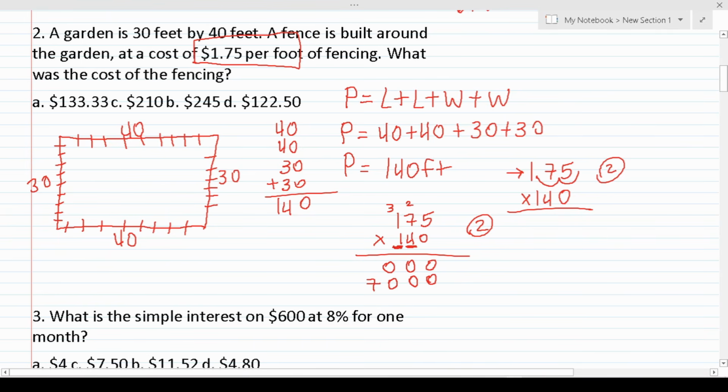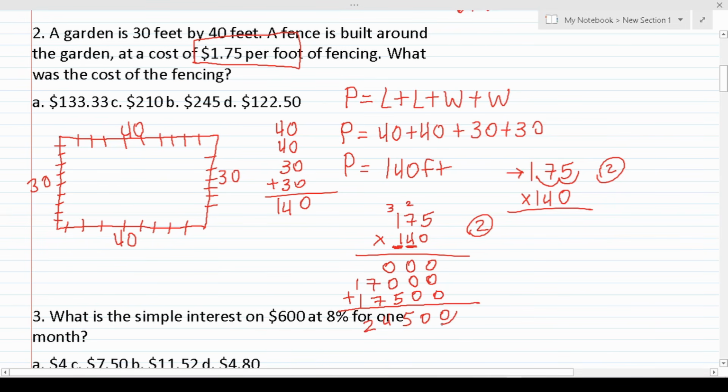Now before we start this 1, we have to add 2 placeholders. 1 times 5 is 5. 1 times 7 is 7, and 1 times 1 is 1. So let's add this all up. 0 plus 0 plus 0 is 0. 0 plus 0 plus 0 is 0. 0 plus 0 plus 5 is 5. 7 plus 7 is 14. Carry your 1. 1 plus 1 is 2.